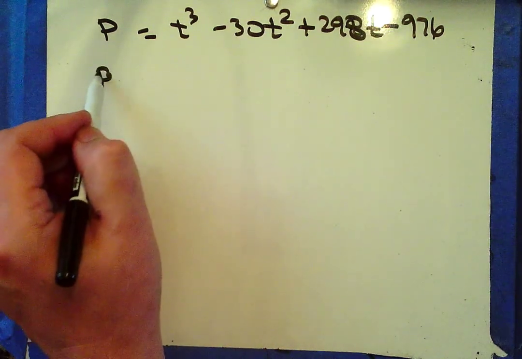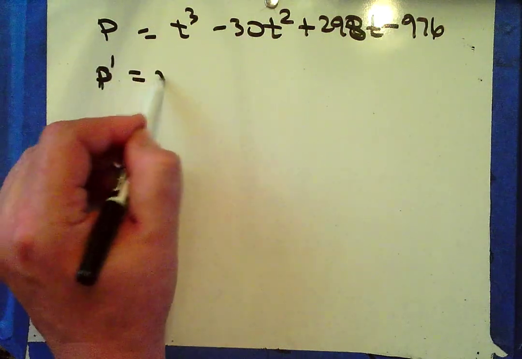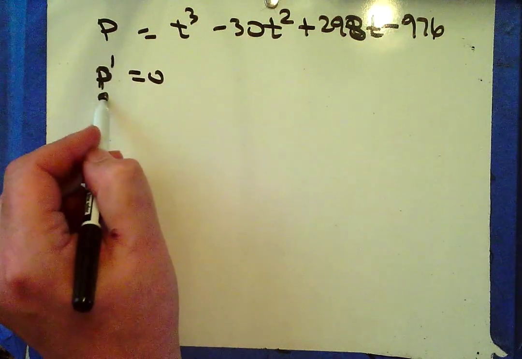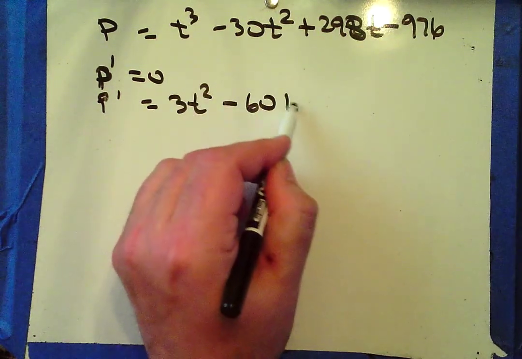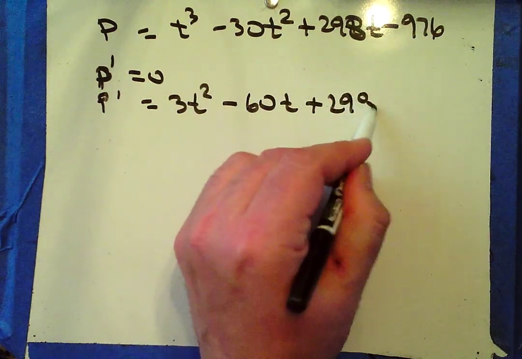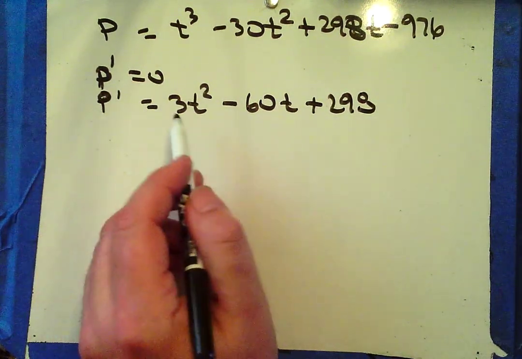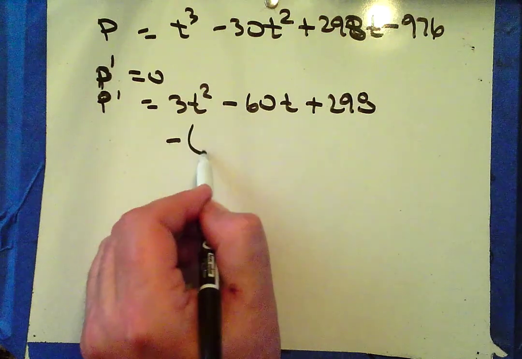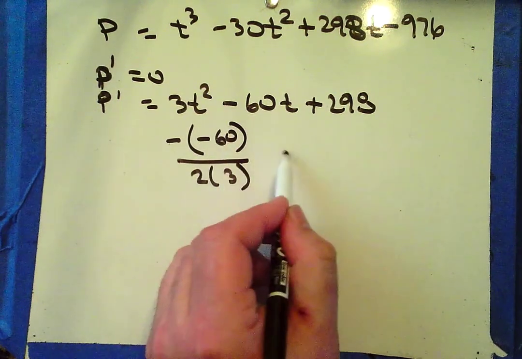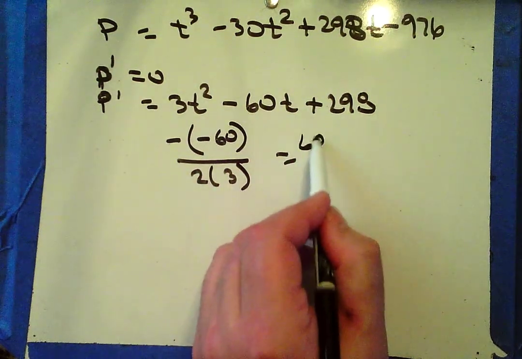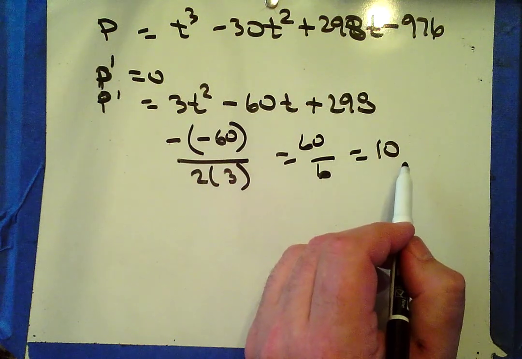So processed most quickly, I want to find when p prime equals 0. So p prime equals 3t squared minus 60t plus 298. And if I find the vertex of this parabola, minus b over 2a, I get 60 over 6, or at time equal to 10.